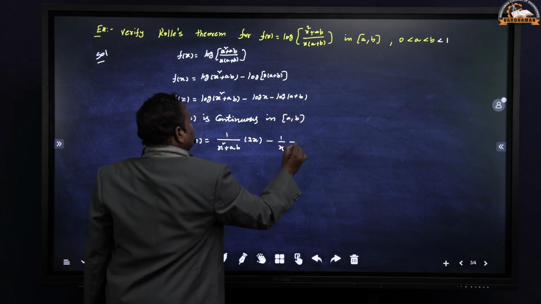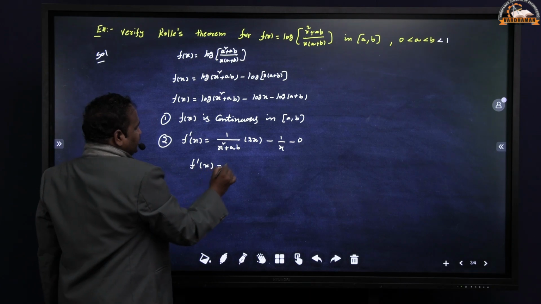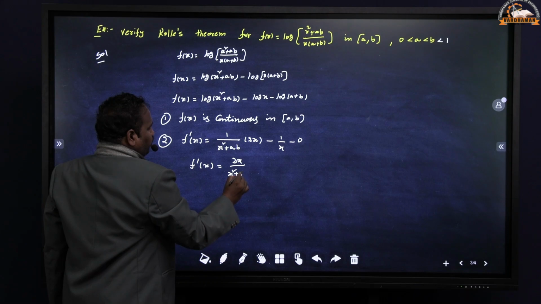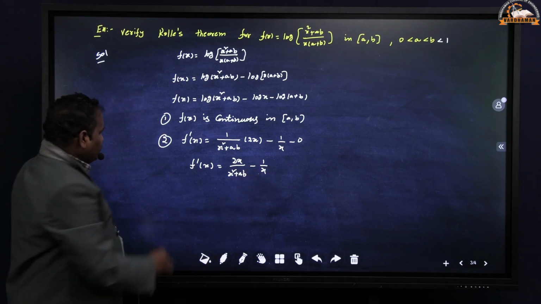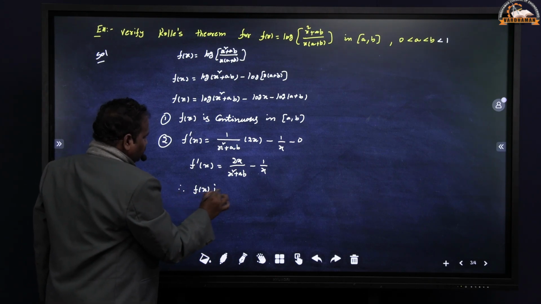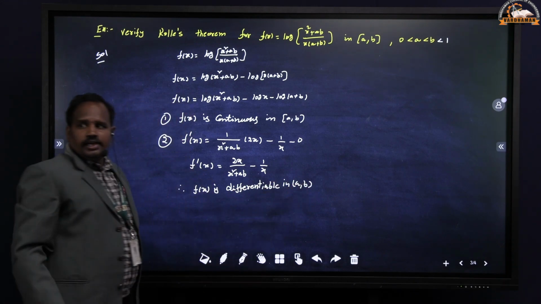The constant has derivative 0. So the derivative of the function exists as 2x by (x square plus ab) minus 1 by x. The derivative exists, which means f is differentiable in the open interval a comma b.